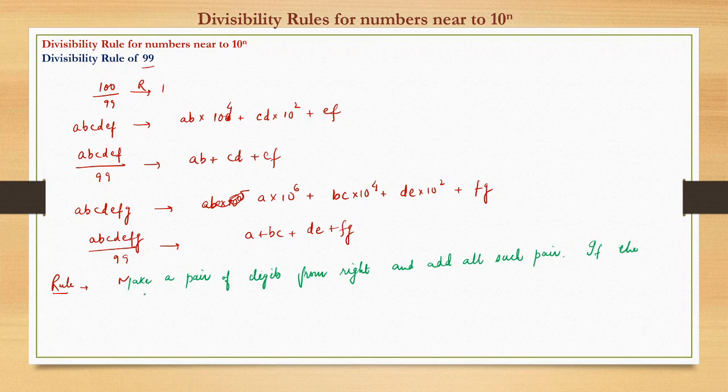If the sum is divisible by 99, then n would be divisible by 99, right? So this is one of the ways, and this is the most simple one. This is the most simple rule for 99. Other rules also we can form, but that would be even more complicated. So let's retain this only.